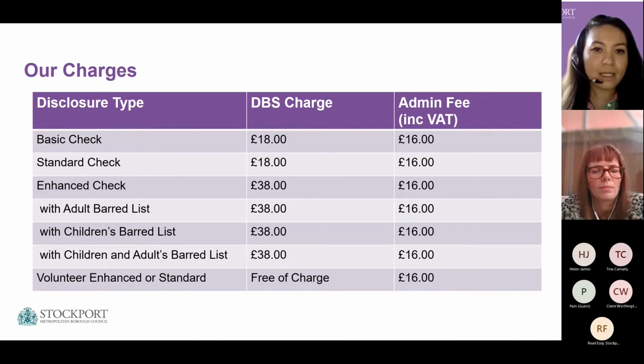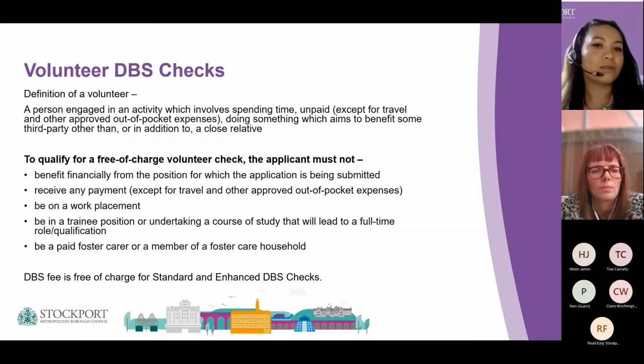So volunteer DBS check. I thought I'd just go over this just because you would probably deal with a lot of volunteers. You would want to DBS check a lot of volunteers. So I just thought it'd be super useful for you to understand what a volunteer DBS check is.